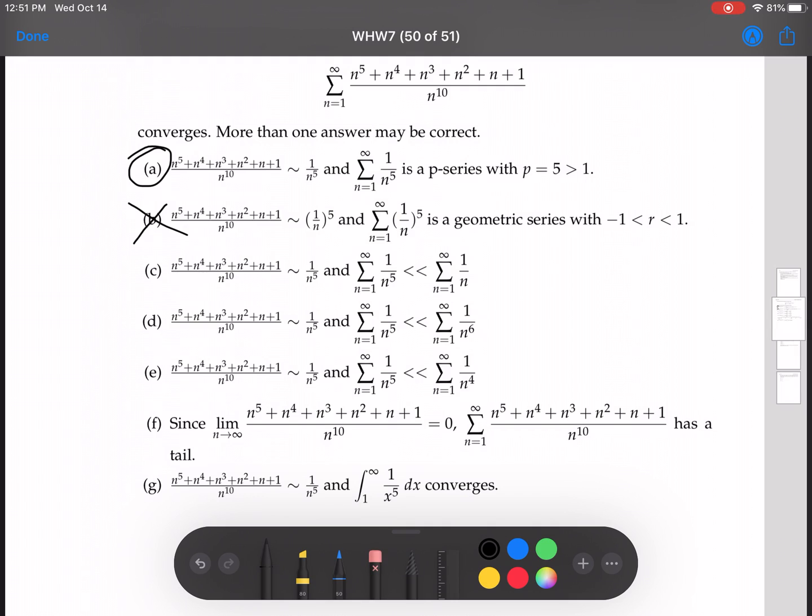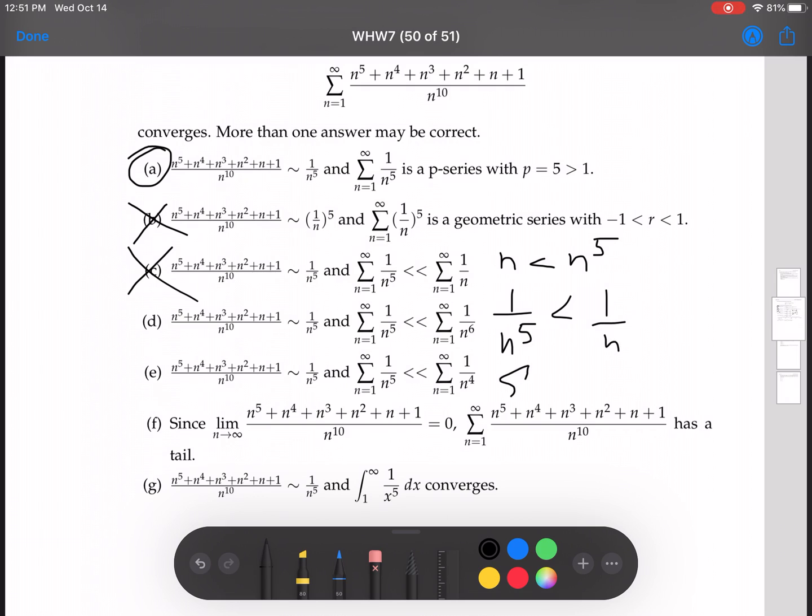Remember, it has to be a number inside the parentheses there. All right, part C is not a valid reason. So it's true that, the way I showed you before, n is less than n to the fifth. So that says that 1 over n to the fifth is less than 1 over n.